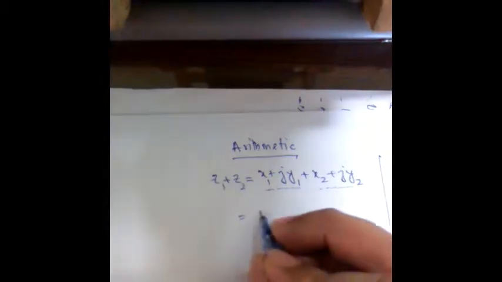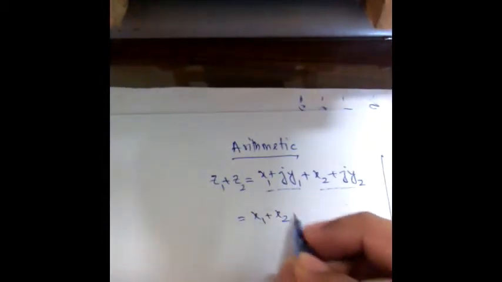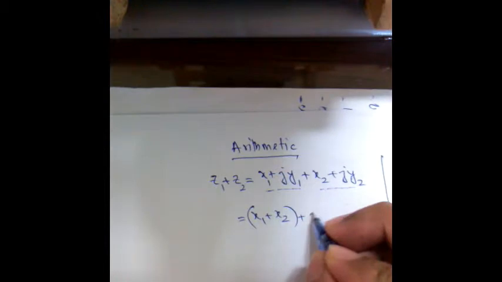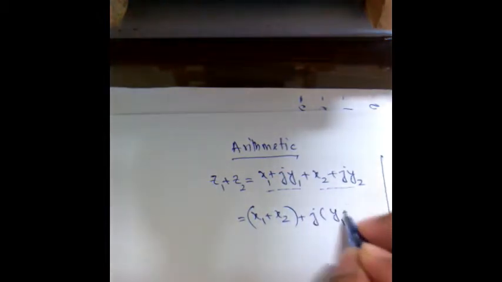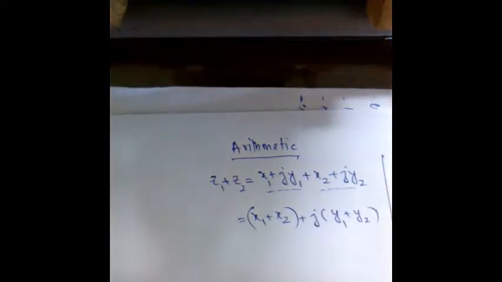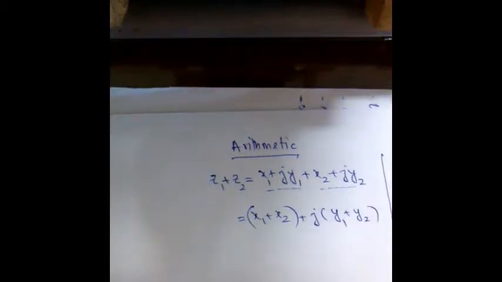You can just add x1 with x2 and the imaginary parts are added, j times y1 plus y2, right? So adding two complex numbers is easy if they are in their rectangular form.